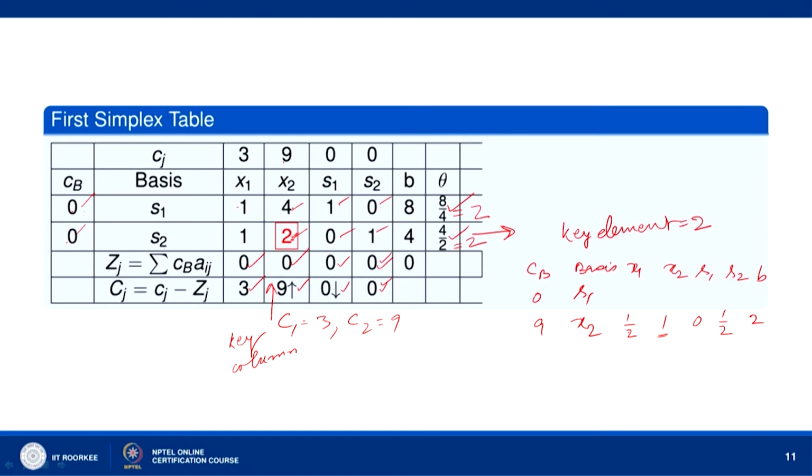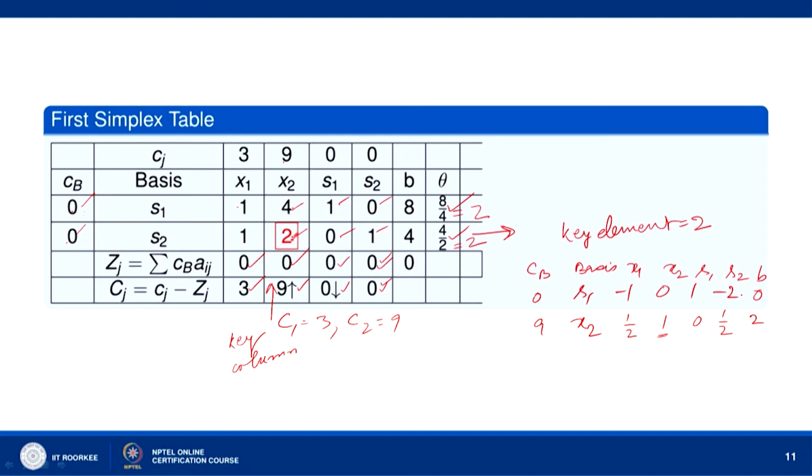So, 4 into half is 2, 1 minus 2 is minus 1, then 4 minus 4 is 0, then 1 minus 0 is 1. So, we get 1 here, and then here we have 0 and here we have half. So, we multiply by 4. 4 into half is 2, and we subtract 2 from 0, so we get minus 2 here. And here we multiply by 4, so 8 we subtract from 8.